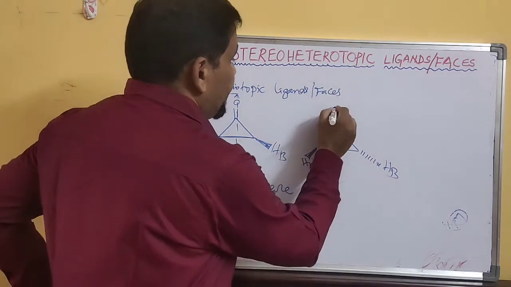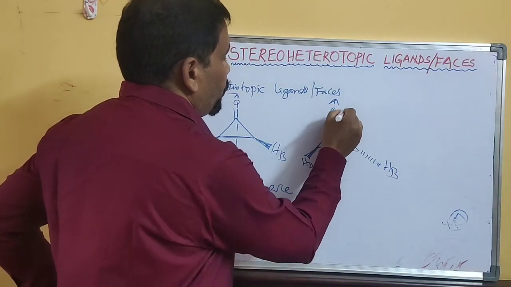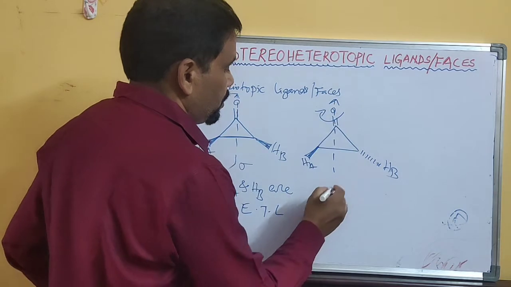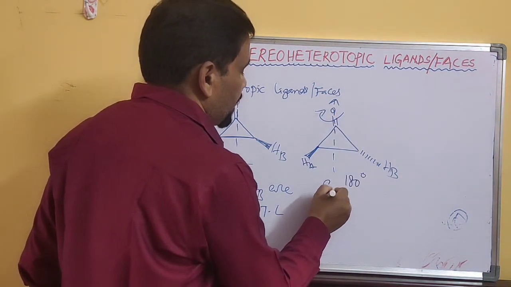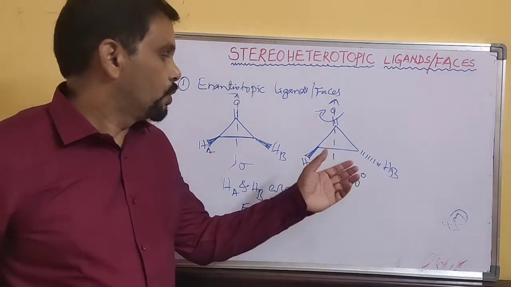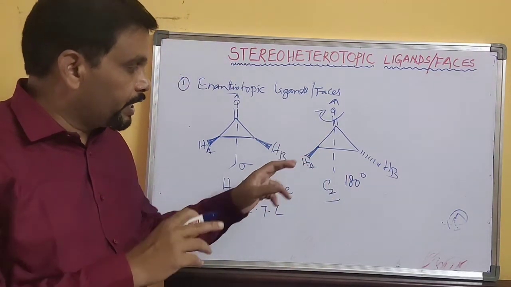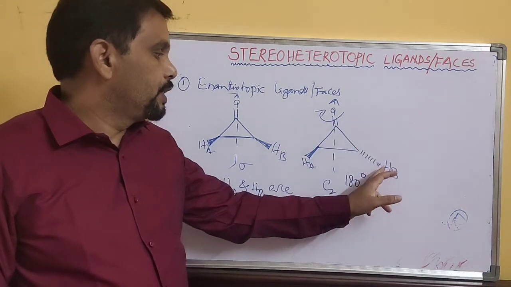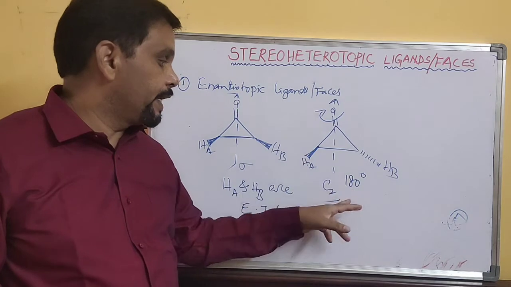So there is a Cn axis of symmetry in this molecule. If you rotate through this axis about 180 degrees, that means a C2 axis. So this hydrogen, if you rotate, will go away, and this hydrogen will come up when you rotate 180 degrees.